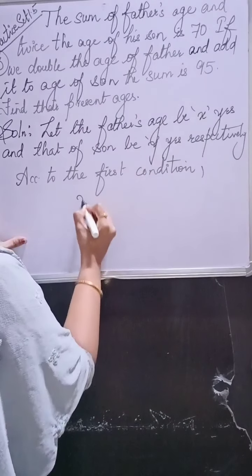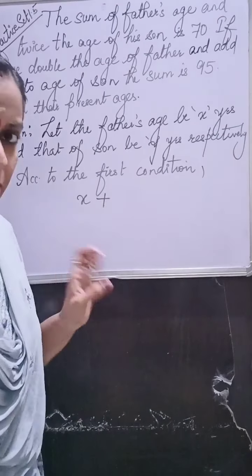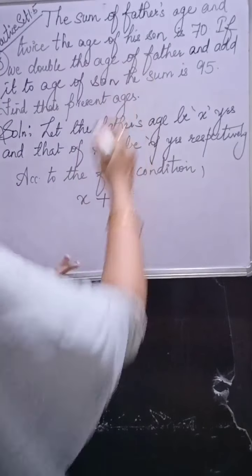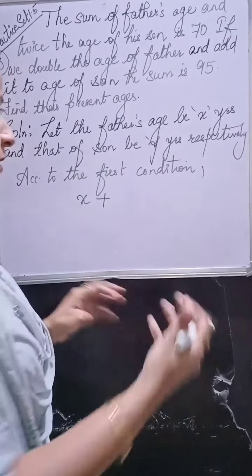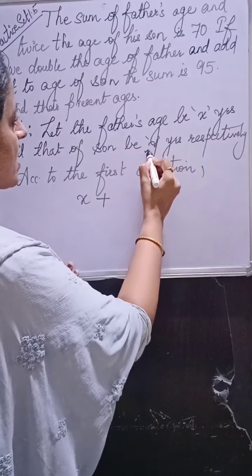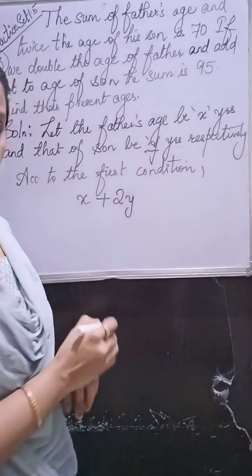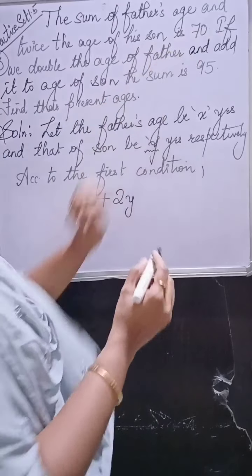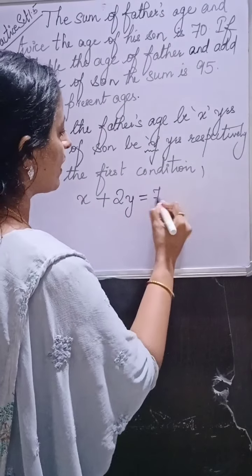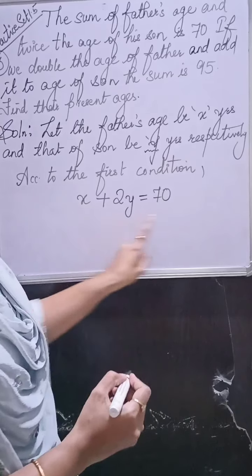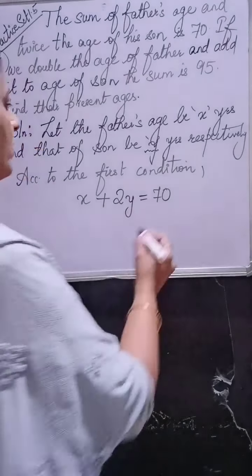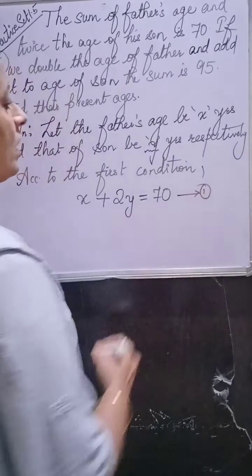Father's age is x, and adding means plus. Twice the age of son means 2 times the age of son. Son we have taken y, so 2 times the age of son means 2y. Is means equal to 70. So x plus 2y is equal to 70. This is the first equation. Give this as equation number 1.